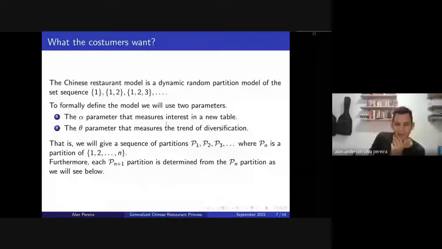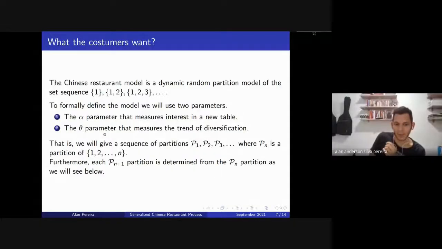Okay, I think these points can be said better in this way. Alpha is about taking a table that's not occupied, and theta is about not concentrating on one table.